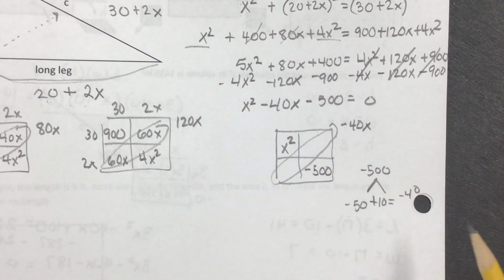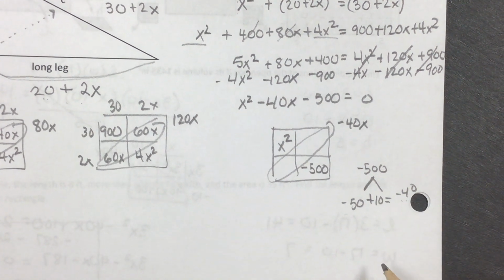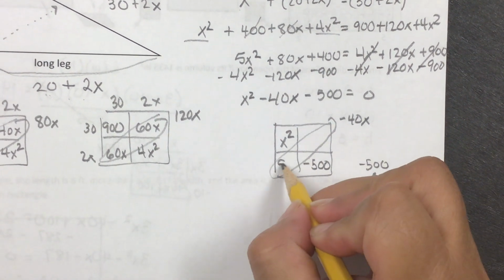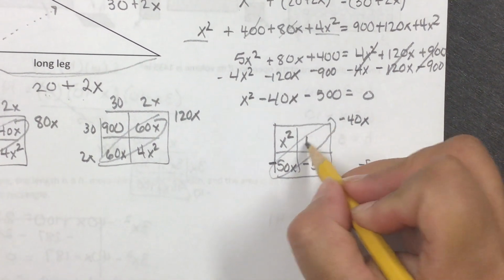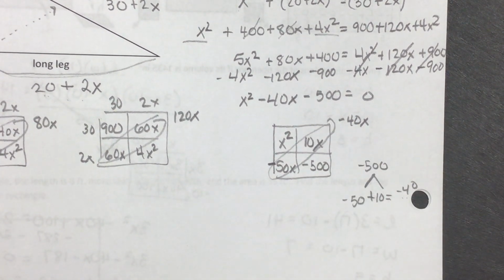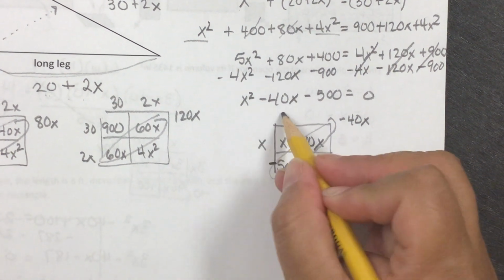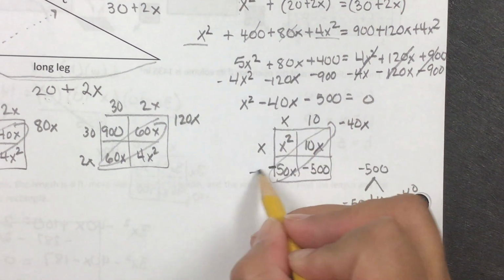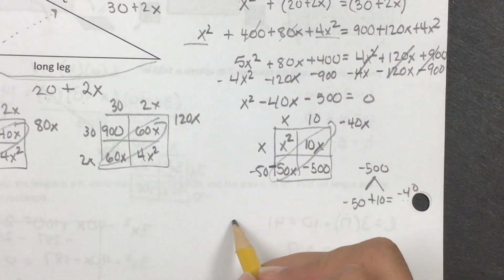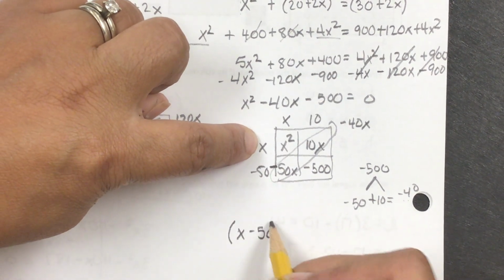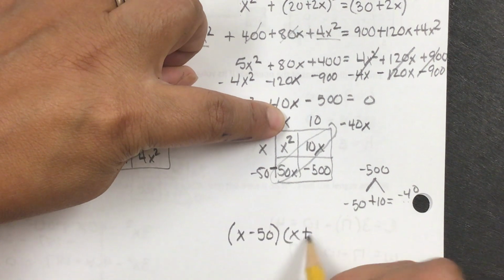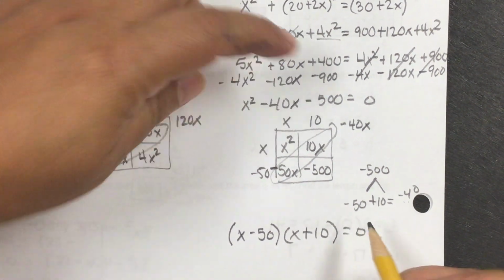Multiply together, they give you that negative 500, and when you add them together, that negative 40. So this would be negative 50x and then 10x. What they have in common is an x, 10, negative 50. That means that your factors are x minus 50, x plus 10. And that's equal to 0.